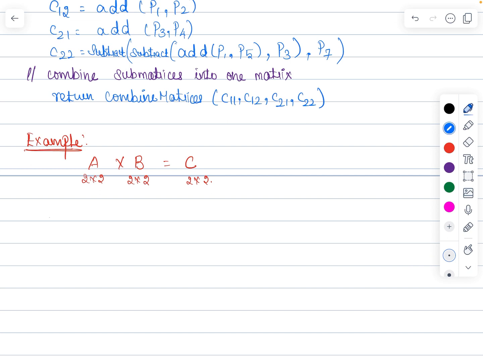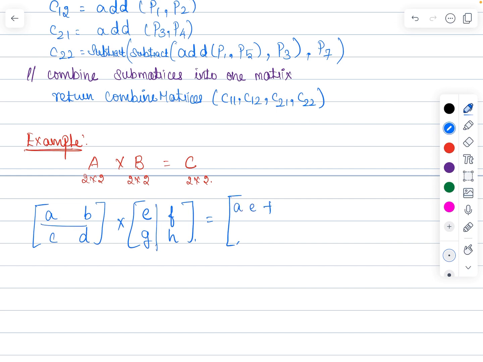For instance, I am taking this example: A, B, C, D is going to be my A matrix, and my B matrix contains E, F, G, H. These two matrices I want to multiply. If you use the traditional matrix multiplication method, this is how we would be performing it. First row and first column: A into E plus B into G. So the first element would be AE plus BG.